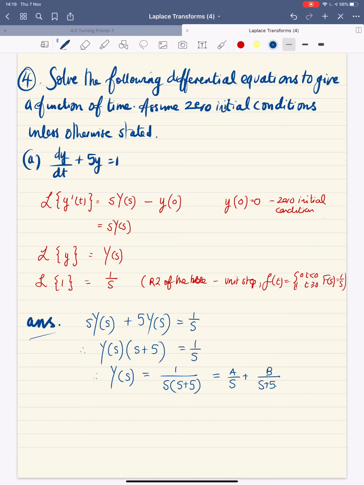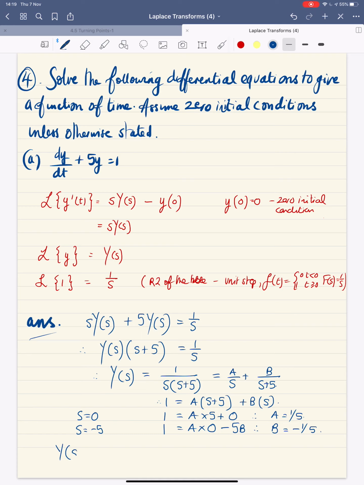Multiply both sides by s times s plus 5. So 1 is A times s plus 5 plus B times s. If we let s equal 0, we have 1 is A times 5 plus nothing, so A is 1/5. And then if we let s be minus 5, we've got 1 is A times nothing minus 5B. So therefore B is minus 1/5.